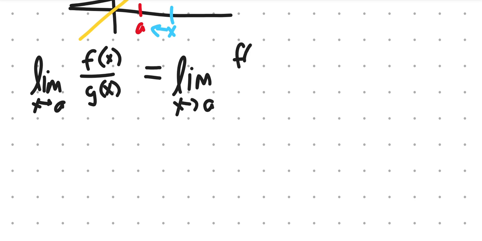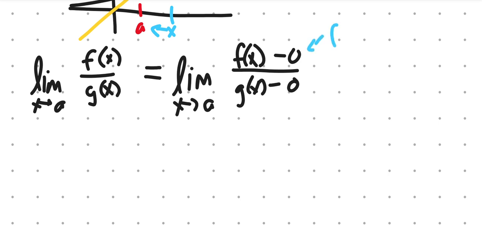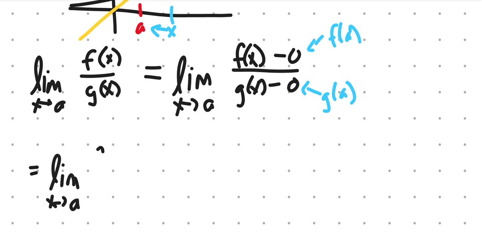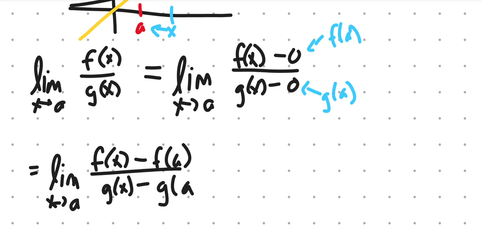So we have f of x minus 0 divided by g of x minus 0. And since 0 is f of a and g of a, we can plug this in. And we have the limit as x approaches a of f of x minus f of a divided by g of x minus g of a.